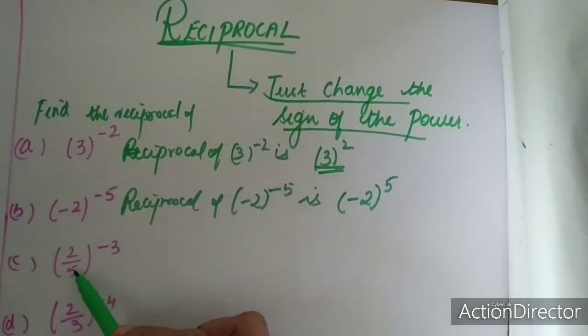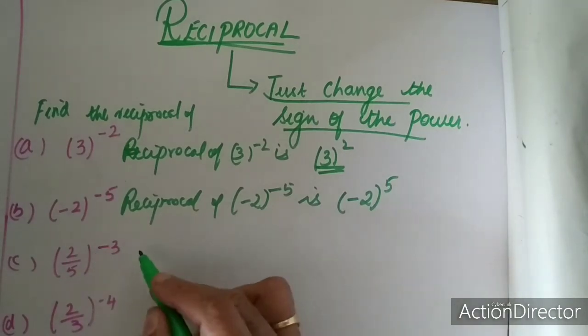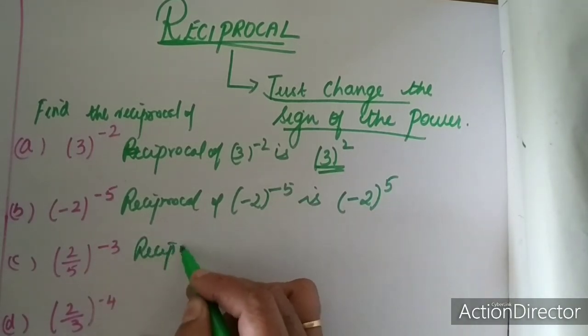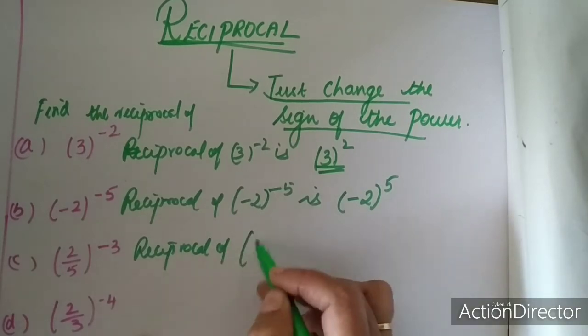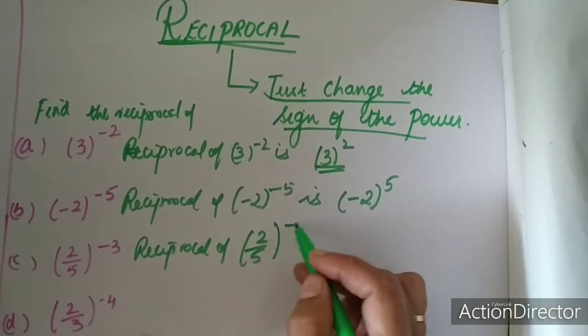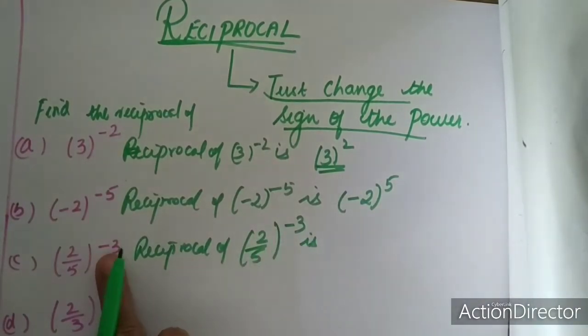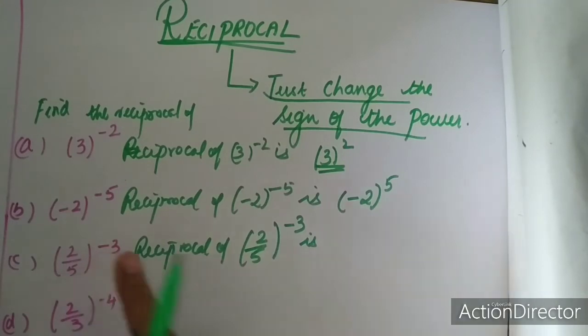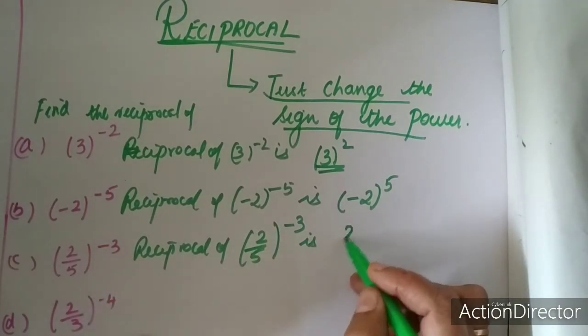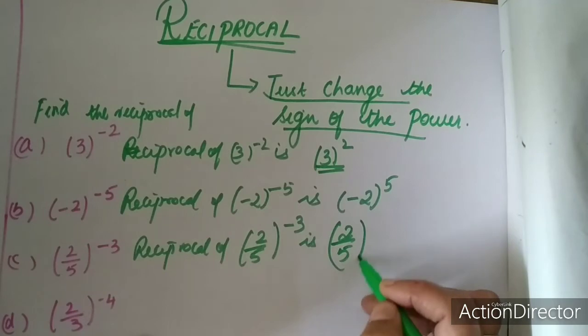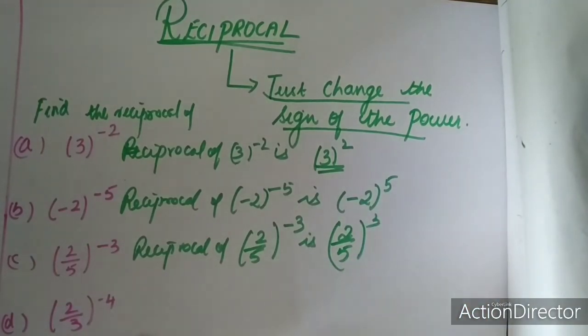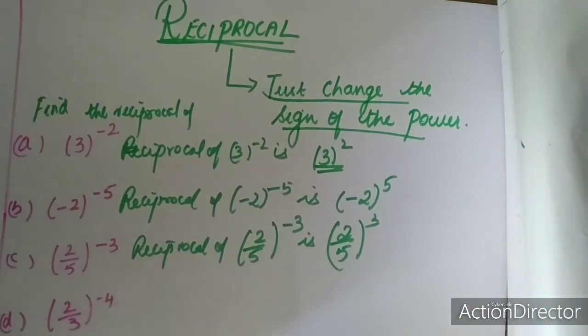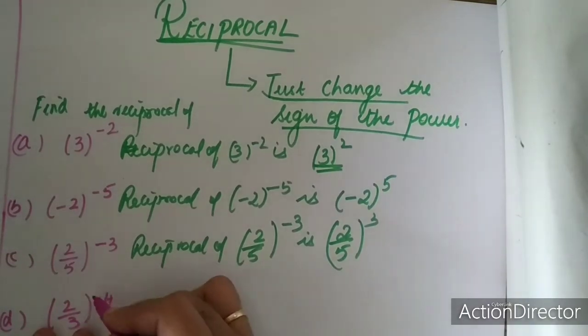Here, 2 by 5 whole raised to the power of minus 3. So reciprocal of 2 by 5 whole raised to the power of minus 3 is, opposite sign of minus 3 is plus 3. So I can write 2 by 5 whole raised to the power of 3. I will take one positive power also so that you will understand.